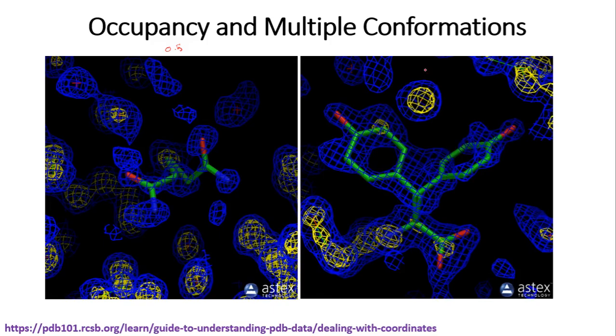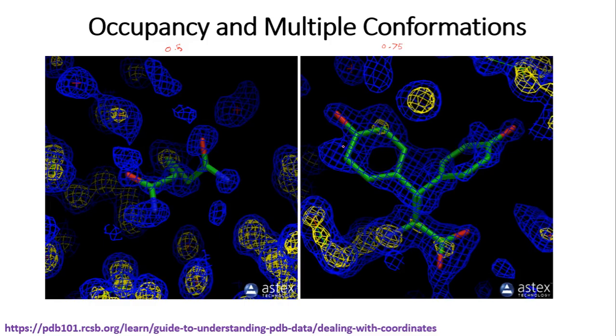Say, for example, if 75% of the time it is oriented in this way, the occupancy would be 0.75, and so on and so forth, right? So the occupancy would indicate multiple conformations if the atom is involved with them.